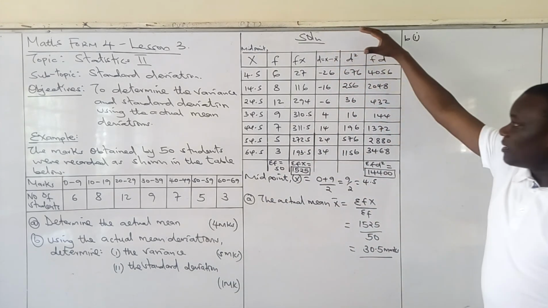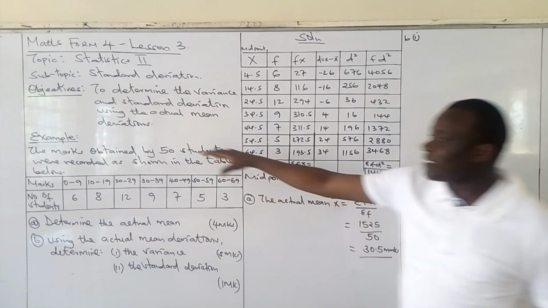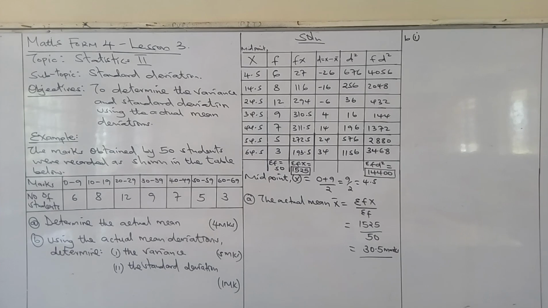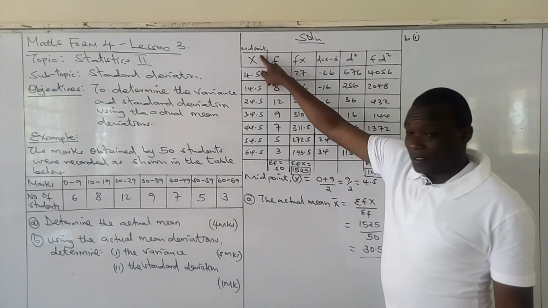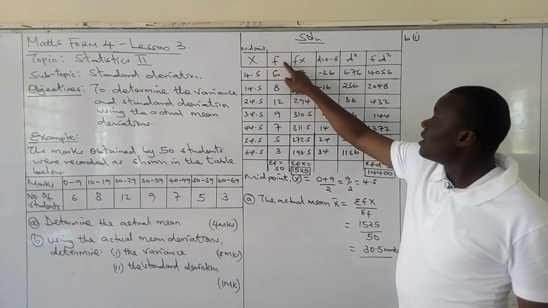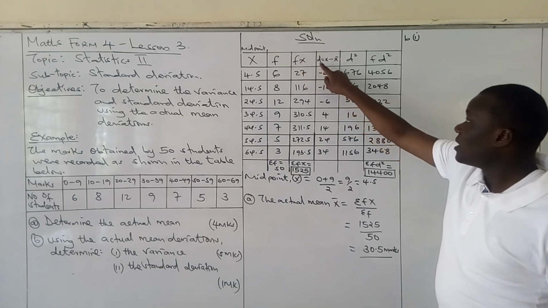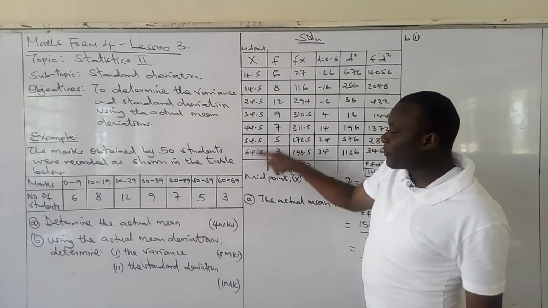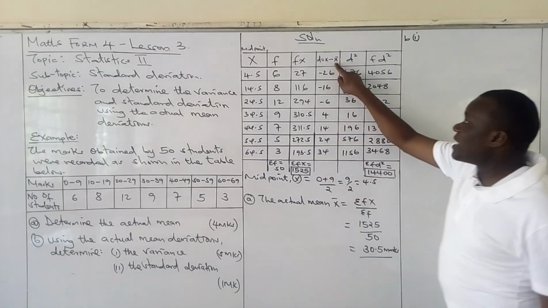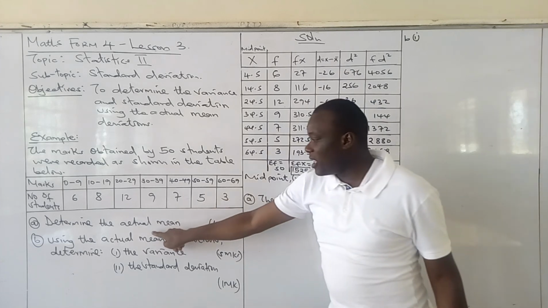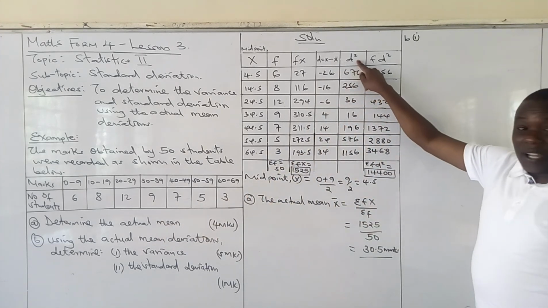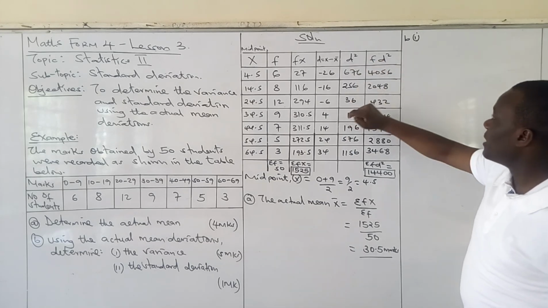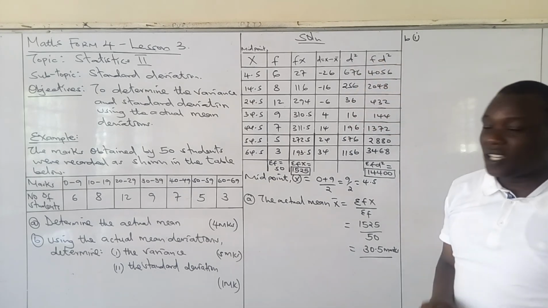Solution. For us to be able to answer this question very well, we must come up with a table of the midpoints, frequency times midpoints, deviations, which is found by taking the values of x, that is the midpoints, minus the actual mean found from A. Then we will find the deviations squared, then frequency times deviations squared.